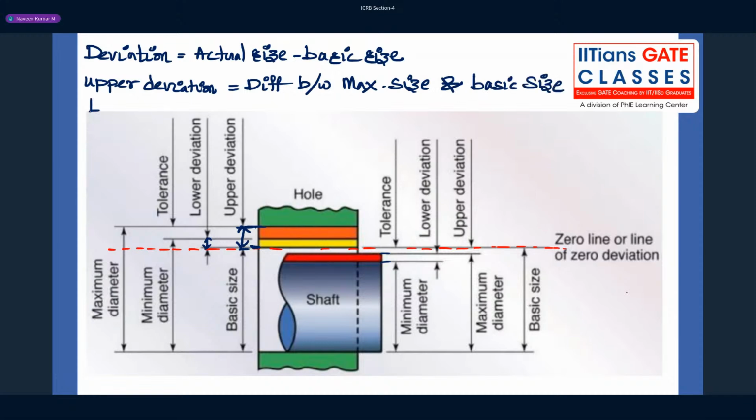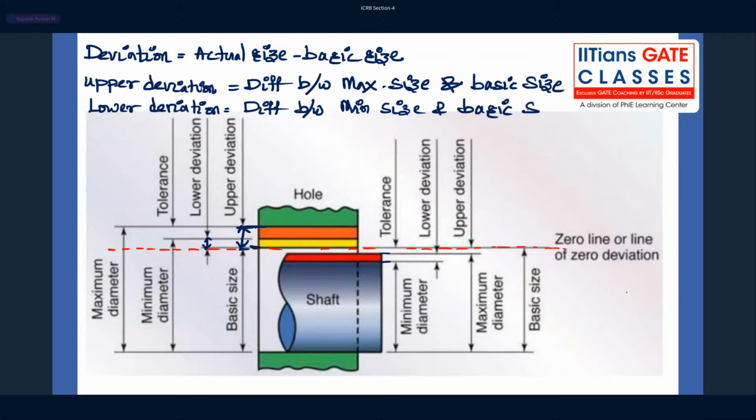Similarly, lower deviation is the difference between minimum size and basic size. This is the upper deviation here, and this is the lower deviation for the hole. For the shaft, the lower deviation is the minimum size and basic size.